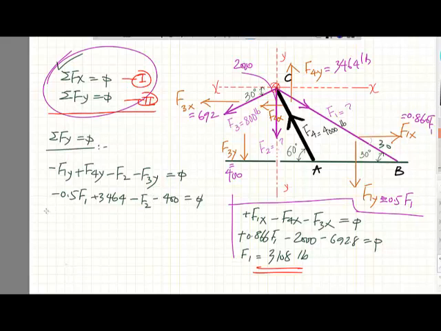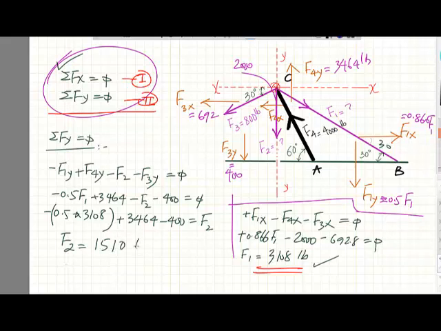So here we just substitute minus 0.5 multiplied by F1, which is 3,018, plus 3,464 minus 400 is equal to F2, and F2 is equal to 1,510 pounds, and this is the answer for this question.